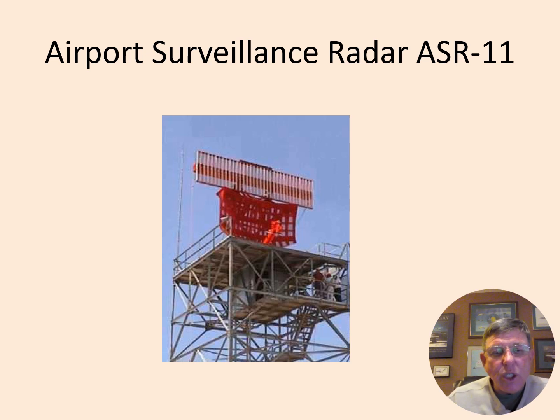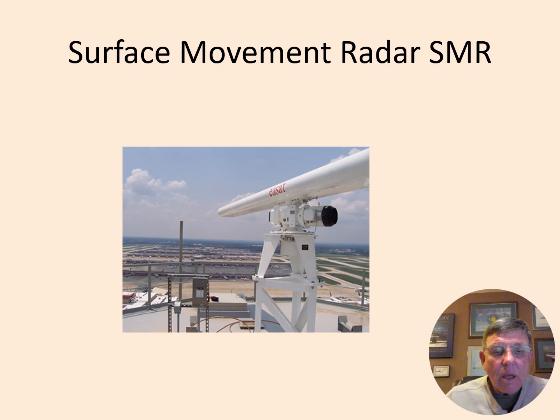There's one just south of Williams, Willie Gateway at Rittenhouse, and my understanding is they're going to be decommissioning a lot of these terminal radars in the very near future because they can't keep them maintained. And then we have the surface movement radar that will detect vehicles and airplanes on the runway.